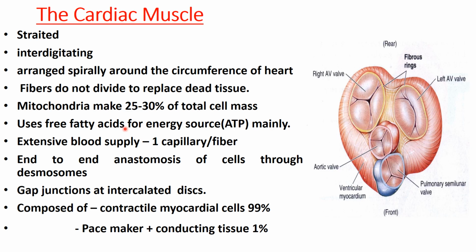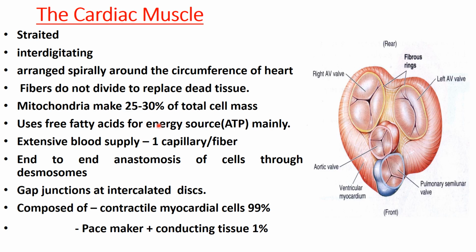Now in the muscle fibers, mitochondria make 25 to 30% of the total cell mass, and these mitochondria are mainly involved in the metabolism of fatty acids as an energy source.